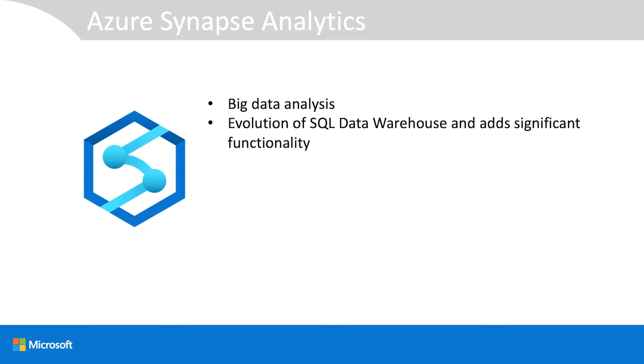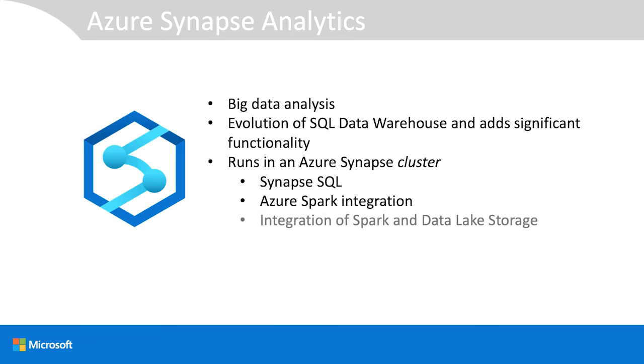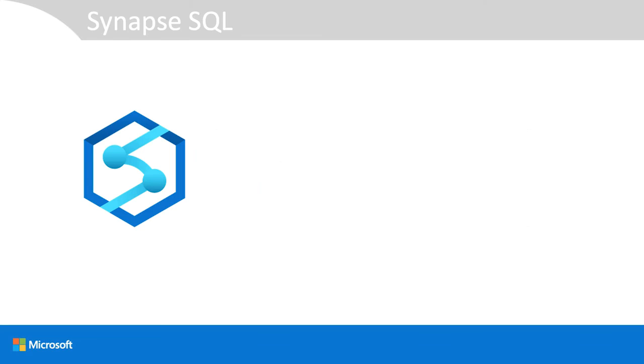Azure Synapse runs in a cluster, and a cluster is a combination of 4 different components. There's Synapse SQL, Spark integration, integration of Spark and Data Lake Storage, and then finally Azure Synapse Studio. Synapse SQL is the data warehousing portion of Azure Synapse, which means it's a storage space for data.